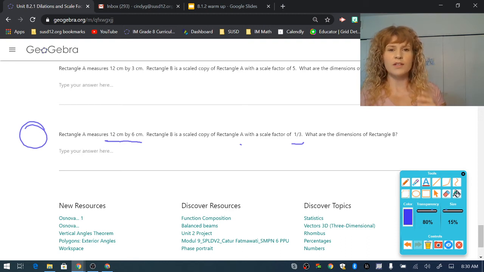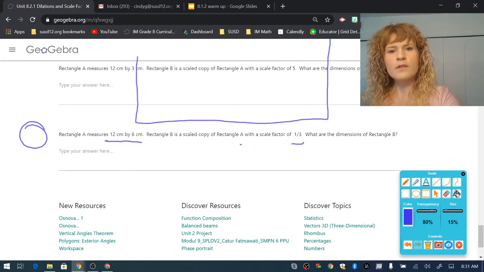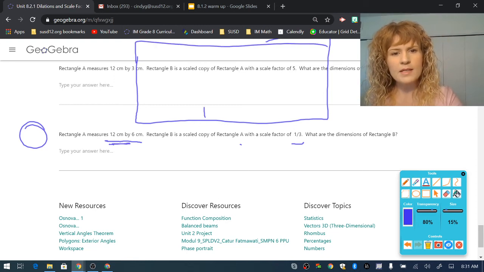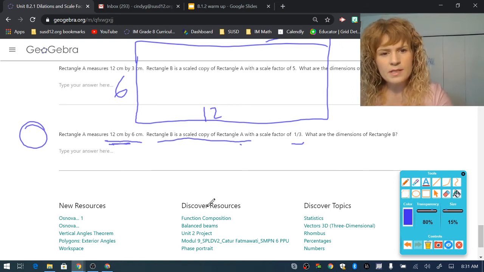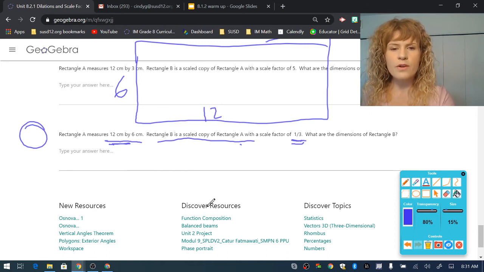If the scale factor is less than 1, you know you are scaling down. Let me draw the rectangle to help you imagine this. So here is rectangle A. Rectangle A is 12 by 6. Okay, 12 by 6. Rectangle B is a scale copy with scale factor of 1/3.